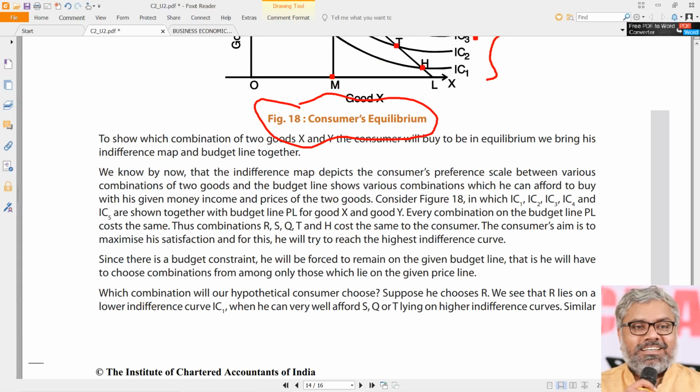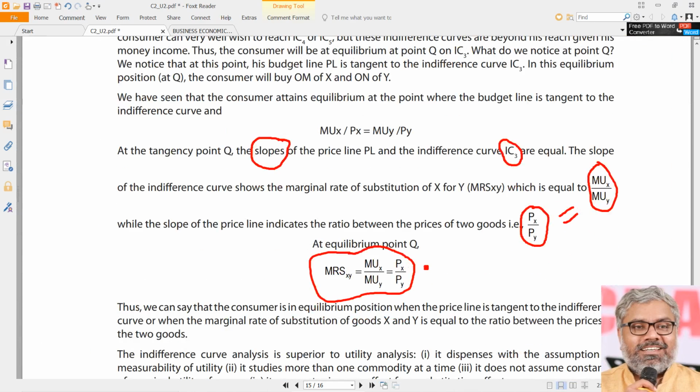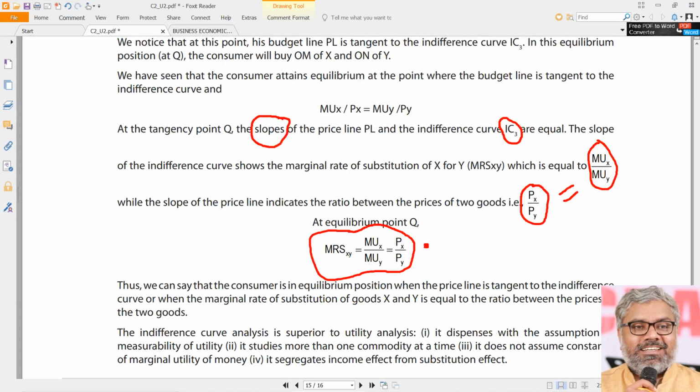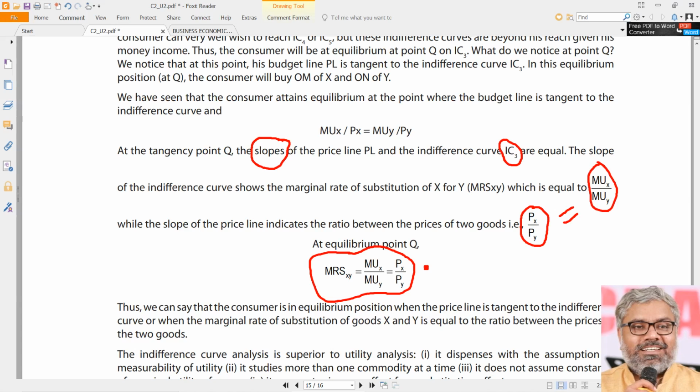So this is a very important concept. In the exams, graphs can also be given. You should be able to identify each of them with the same logic that we have understood. Higher indifference curves will give higher satisfaction, lower indifference curves will give lower satisfaction. And the amount spent on any point on the budget line or price line is the same.